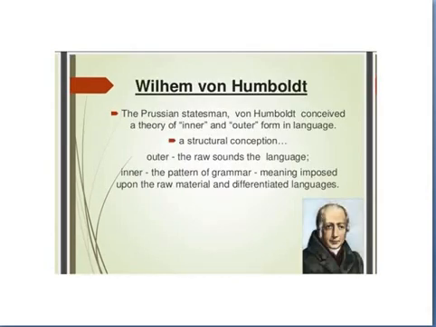William von Humboldt conceived a theory of inner and outer form in language, a structural conception. Outer is the raw sound of the language. Inner is the pattern of grammar, meaning imposed upon the raw material in differentiated languages.